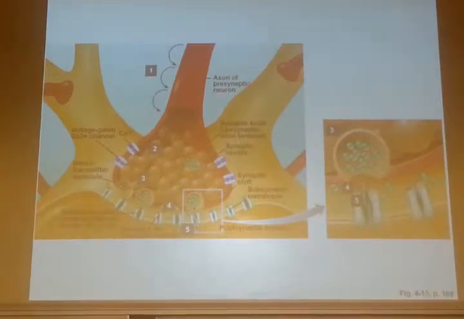IPSPs, the opposite of EPSPs. How do you get an IPSP? Decrease sodium in. So you must have closed the channel. Decrease potassium in.